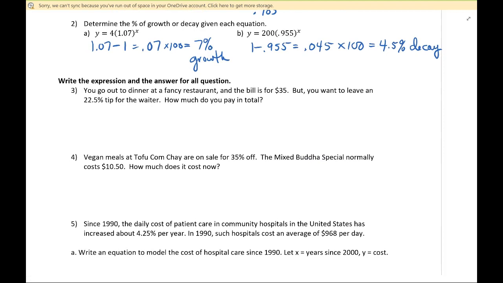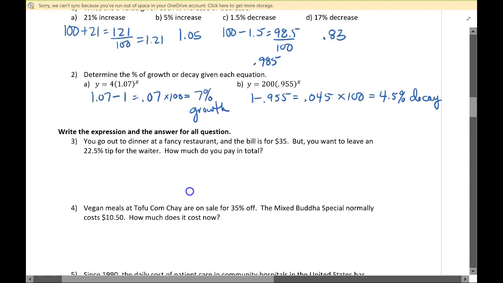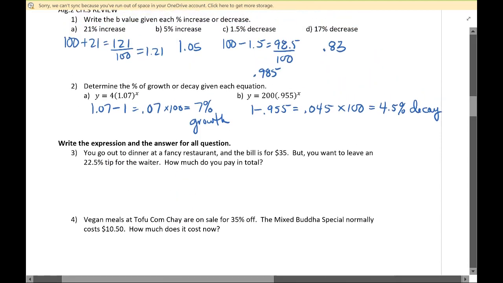All right, so number 3. I've talked about this in class about expectations. If you're going out to dinner and you're paying for your meal and you're going to leave a tip, you can expect the final bill to be more than what your initial bill was. So we have to use the ideas that we looked over in problems 1 and 2, where we're converting our percents to decimal form for our multiplier.